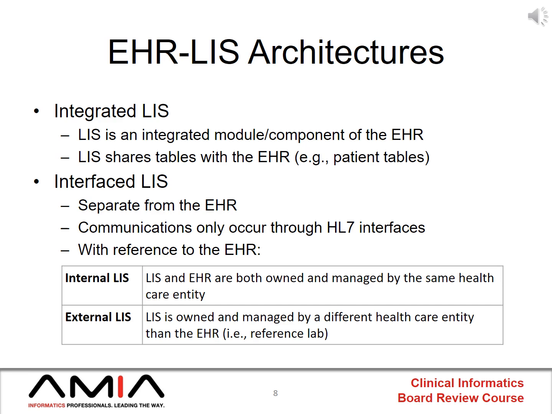Typically, in an integrated LIS, there are no HL7 interfaces required. In an interfaced LIS, by comparison, your LIS is completely separate from the EHR. Typically, the LIS is from a different vendor than the one that has supplied the EHR, and communications can only occur through HL7 interfaces.